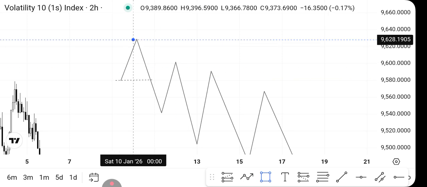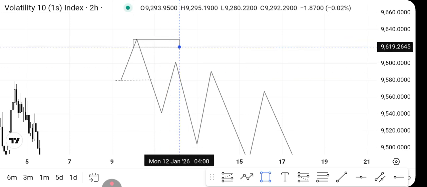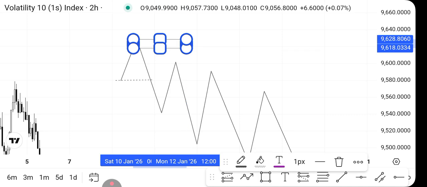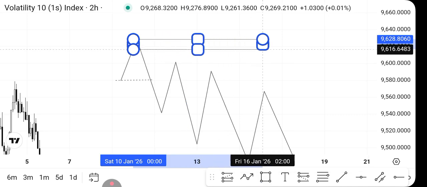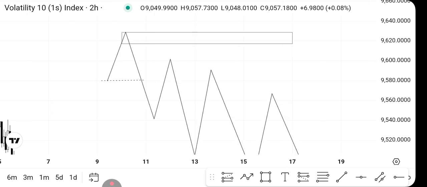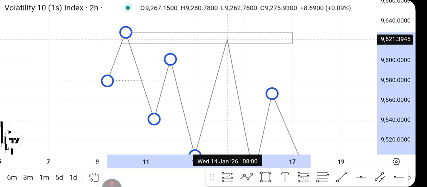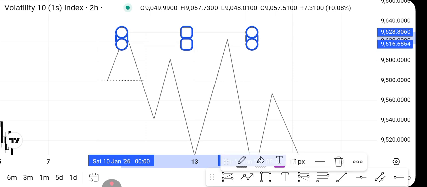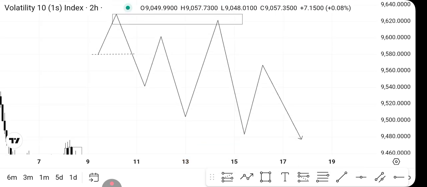Then you have the origin here that created that break of structure. So we're expecting that price will come back into that origin and start selling from there.